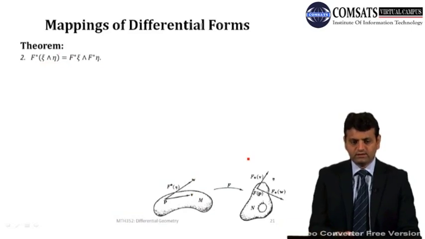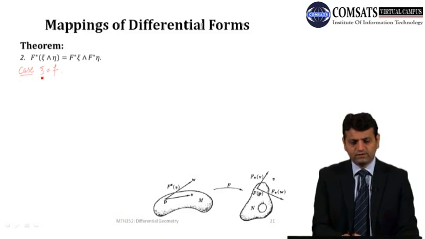Now let's consider the second part. So in this part we have to prove that the pullback of the wedge product is equal to the wedge product of the pullbacks. Now let's consider the case when xi is a function. Then there could be three cases.